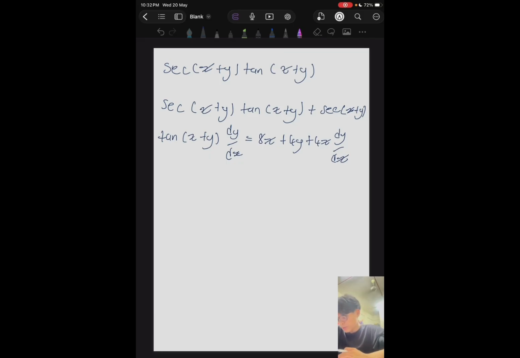What we have gonna do now, we have to move all the terms containing dy over dx to the left hand side and move all other terms to the right side.